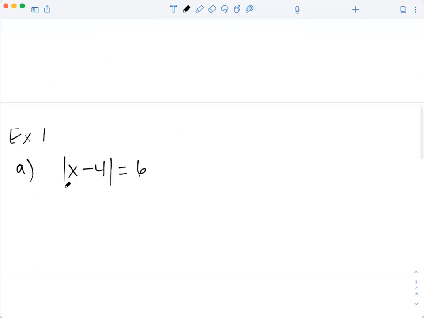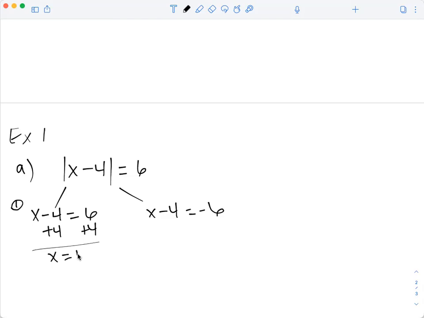I'm going to break apart the bars, and when we write our new equations, they're no longer there. So we have x minus 4 equals positive 6 and x minus 4 equals -6. Those are the two equations. Then we solve each of them. So x equals 10 when we add 4, and x equals -2.